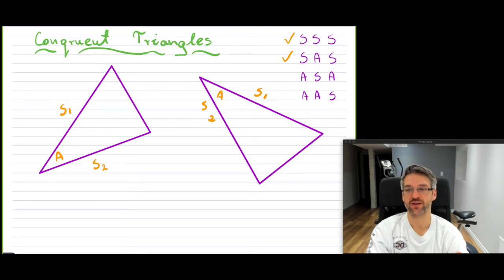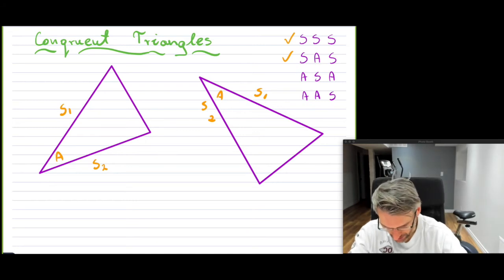That's what you would look for. Notice that the angle does have to be sandwiched in. It can't be somewhere on the opposite side. It's sandwiched between the two sides that you know.